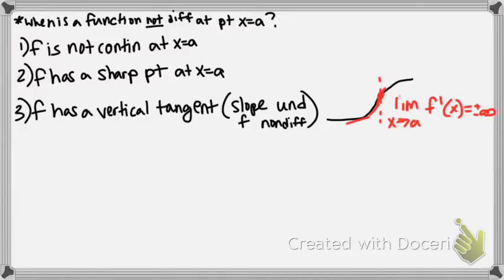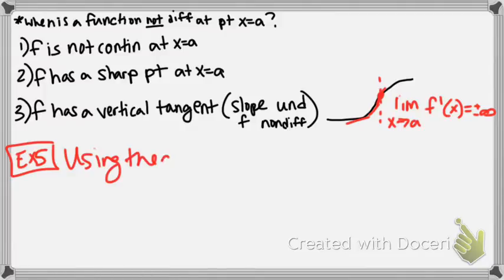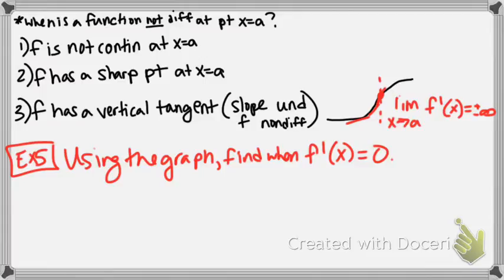All right, let's get one more example in for this section, example 5. Using the graph, find when f prime of x equals 0. I should stop doing shortcuts. I'm going to give you a graph. This was given to you. You have to go out to 3 in each direction.